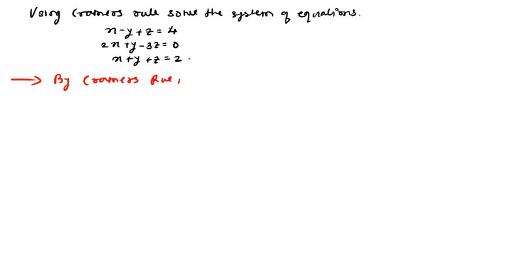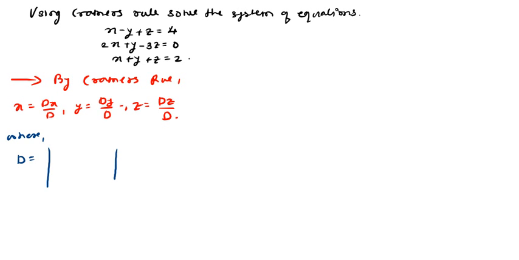What does Cramer's rule say? x is equal to Dx upon capital D, y equal to Dy upon capital D, and z equal to Dz upon capital D, where this capital D is the determinant of the coefficients. The coefficients are 1, 2, 1, then minus 1, 1, 1, then 1, minus 3, 1.